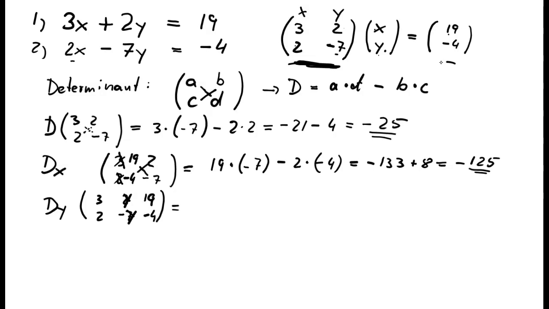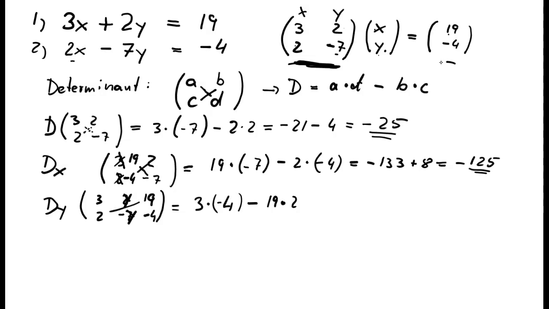And I would get 3 times negative 4 minus 19 times 2.